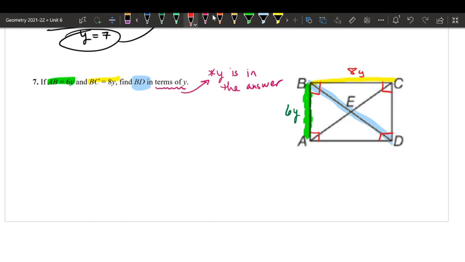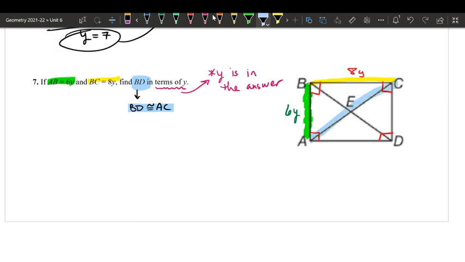And if the diagonals are congruent, then BD is the same as AC, right? So they're equal. So what if in the picture, instead of solving for BD, I solve for AC? And I made it go this way.